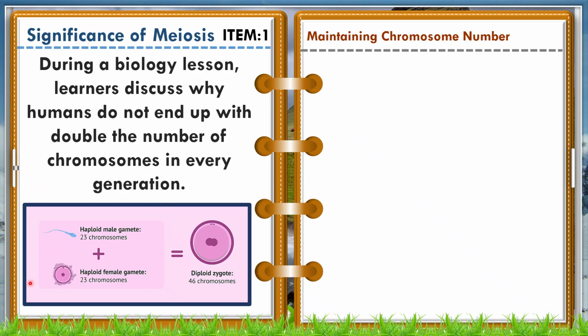Here we have our diagram showing a haploid male gamete with 23 chromosomes plus a haploid female gamete with 23 chromosomes, and we get a diploid zygote with a total of 46 chromosomes.